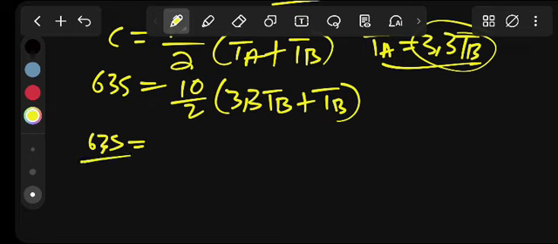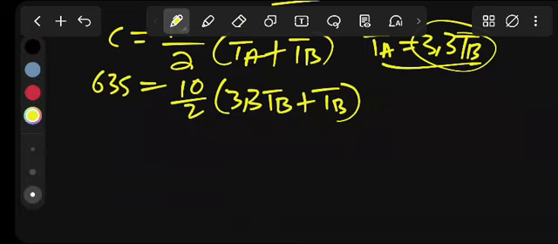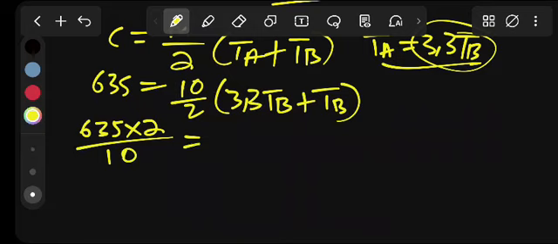Let me just make it simple. 635 multiplied by 2 divided by 10 will be 127.